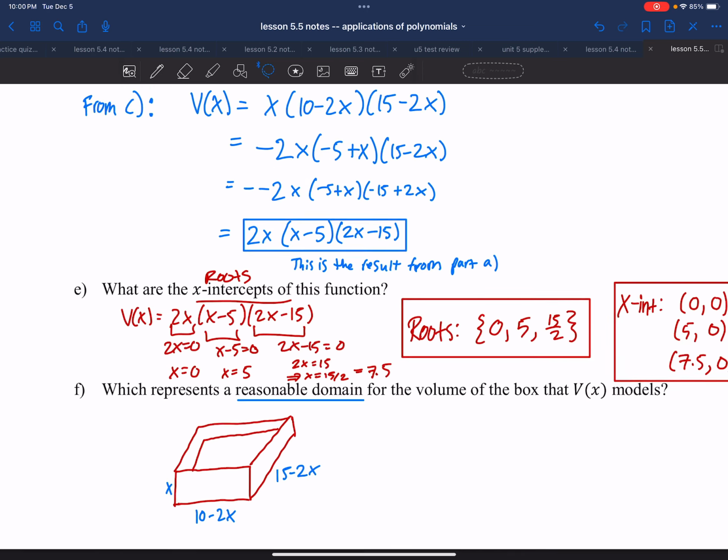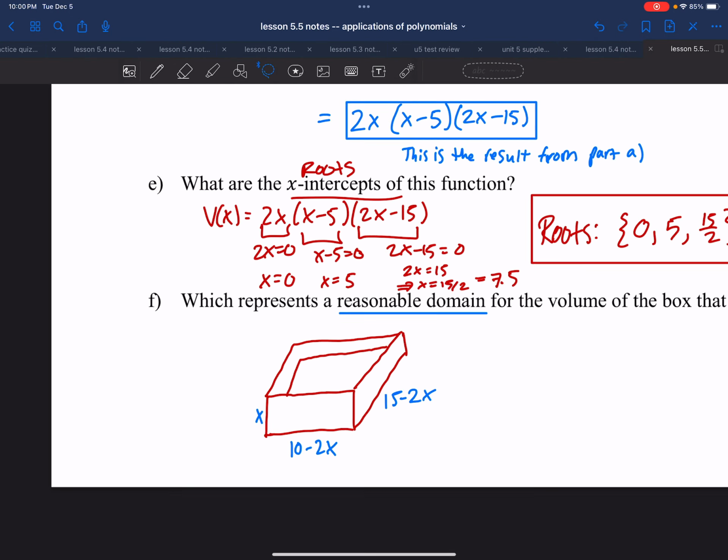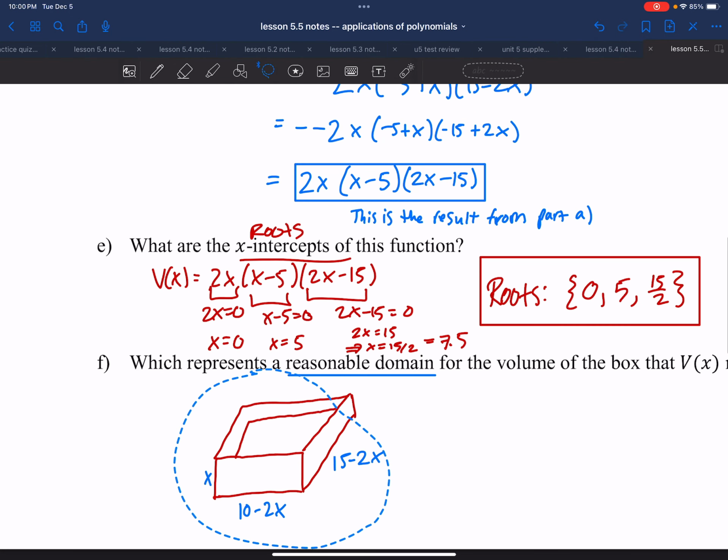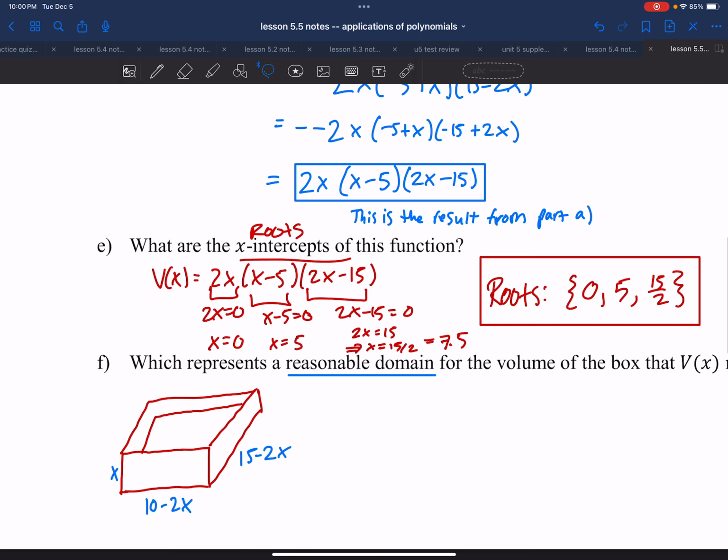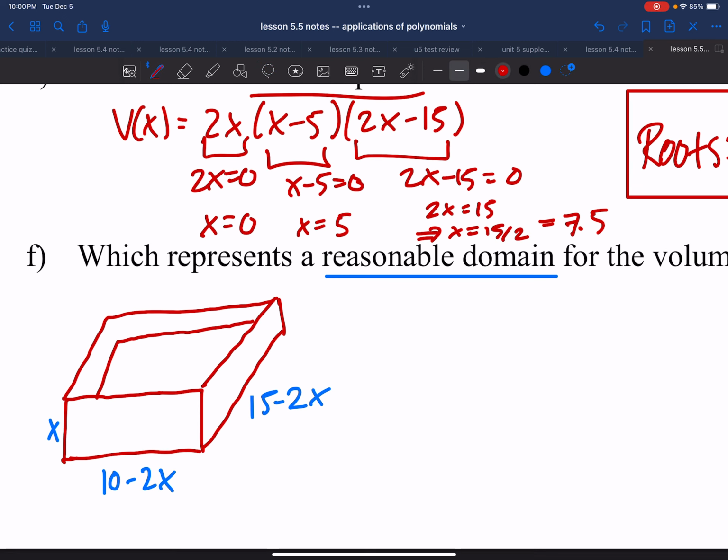So when you say what represents a reasonable domain, I'm going to move you over. Well, what can x be? What can x be?